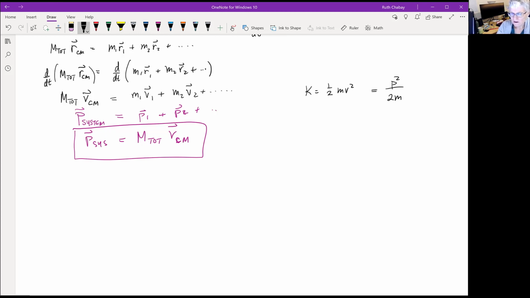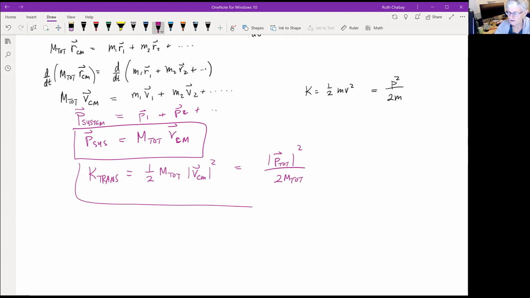We can also write here that the translational kinetic energy, kinetic energy associated with motion of the center of mass, is equal to a half times the total mass times the magnitude of the center of mass velocity squared. And this is going to be equal to the magnitude of the total momentum of the system squared divided by 2 m total. Now remember translation. There was this word that meant associated with motion of the center of mass.